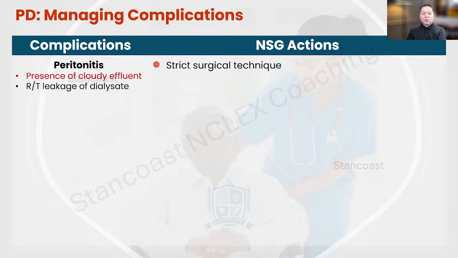Again, we'll start with strict surgical or aseptic technique when we are dealing with the tubing and also accessing the PD device. Now we're going to have to monitor for the moisture, the wetness, of the dressing surrounding the access device, and also check for any leaky catheter.